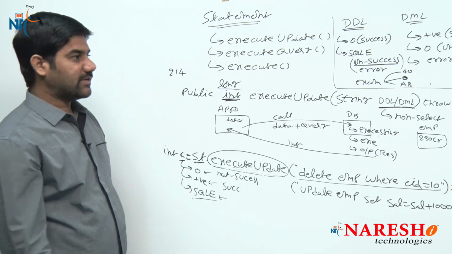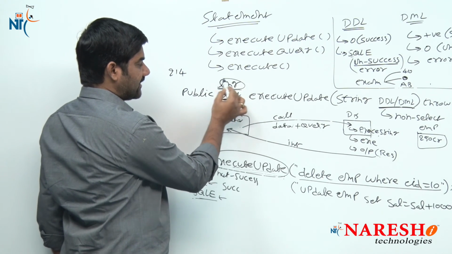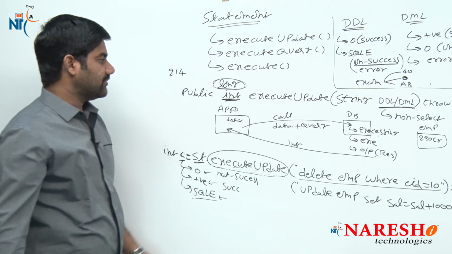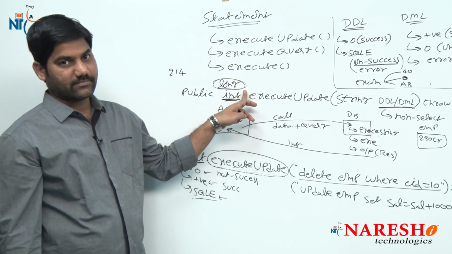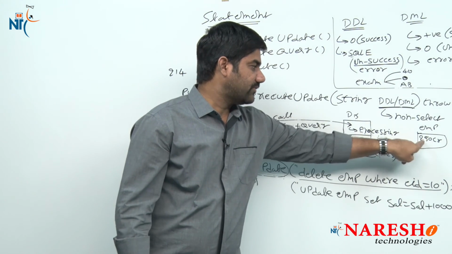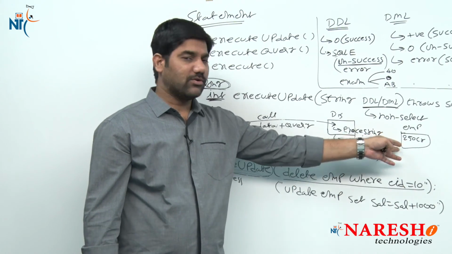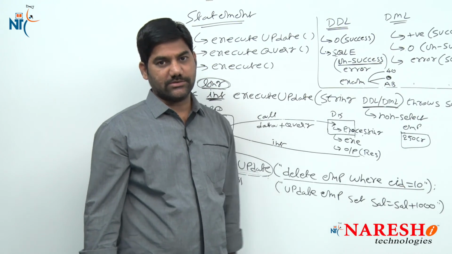To overcome that problem, in our latest versions they introduced the same method with another return type also, that is the long return type. Now if you take the long return type, you can easily catch this 250 crores value also. Not only 250 crores, you can go to millions, trillions of numbers also.